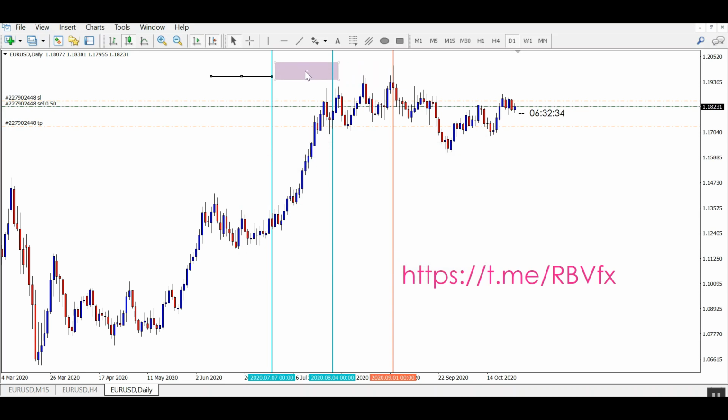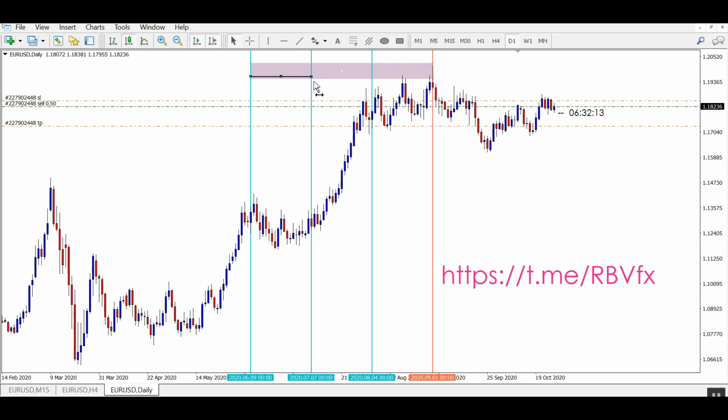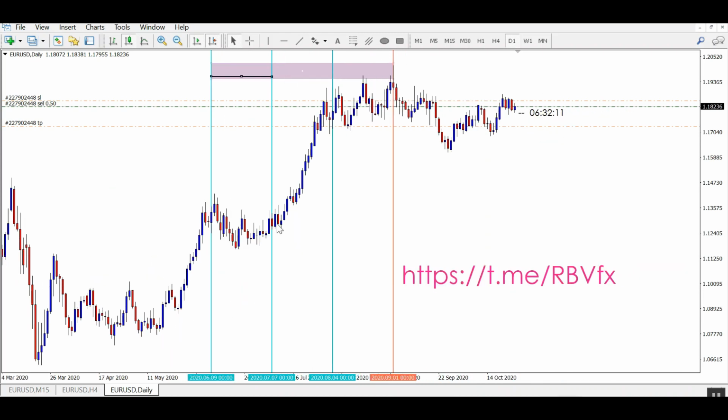From here to here we have the last 40 days prior to the reversal. We'll draw one more line, and from here till the point of reversal we have the previous 60 days prior to the point of reversal. So we're going to use this information.